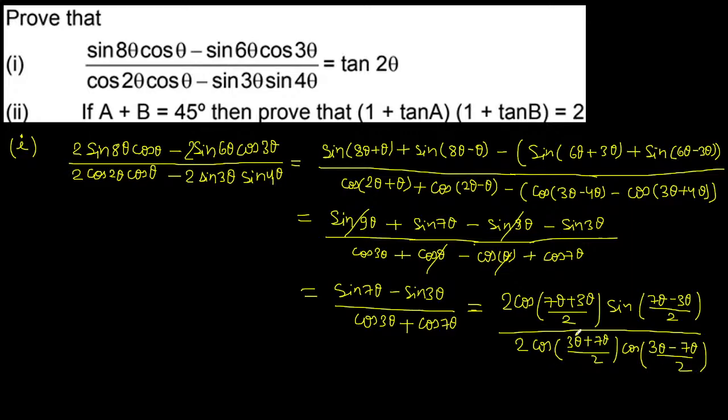I think we can find that this and this are cancelling. So overall we are getting sin 2 theta upon cos 2 theta, which is tan 2 theta. So this is what we got. Hence we have proved it.